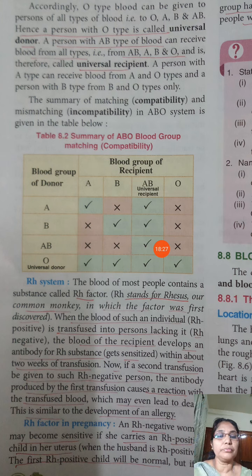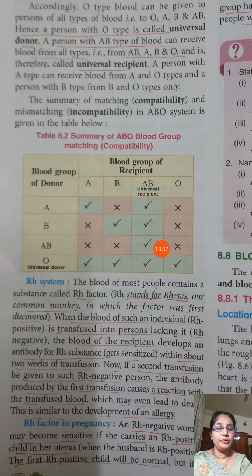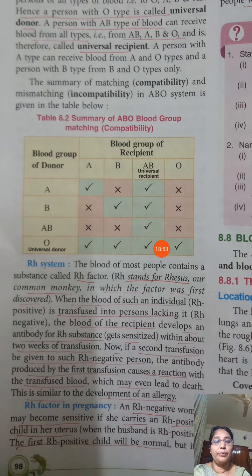If RH factor is present in the blood of an individual, that individual is known as RH positive, and if that factor is absent, that person is known as RH negative. So RH factor also has certain importance.